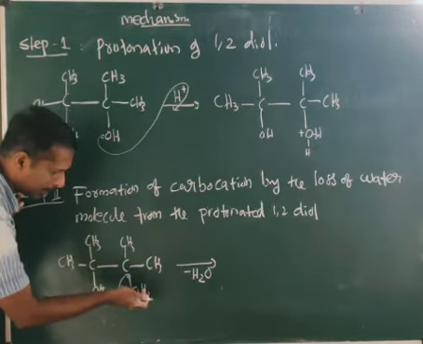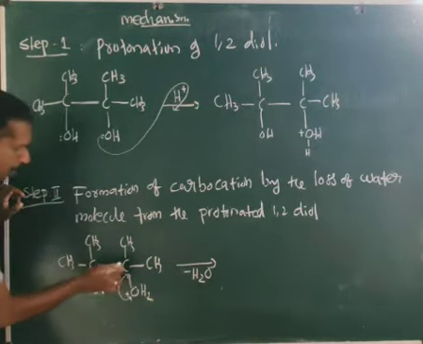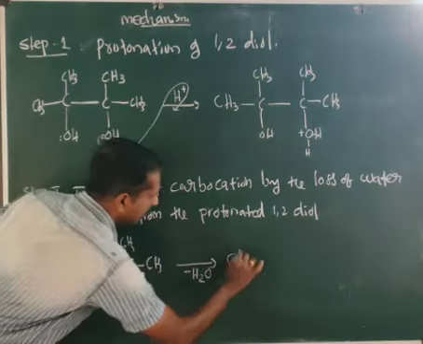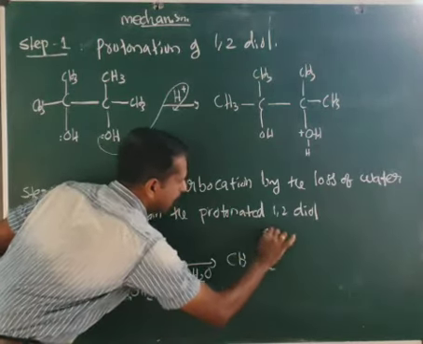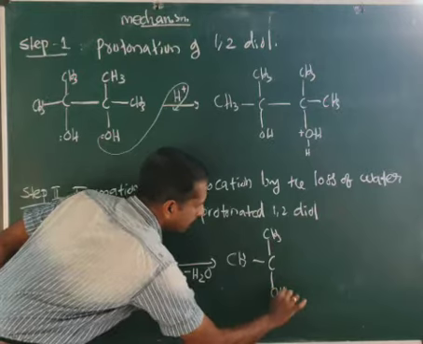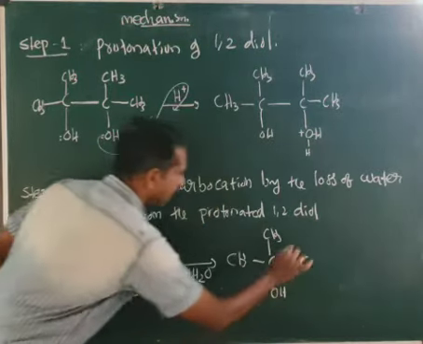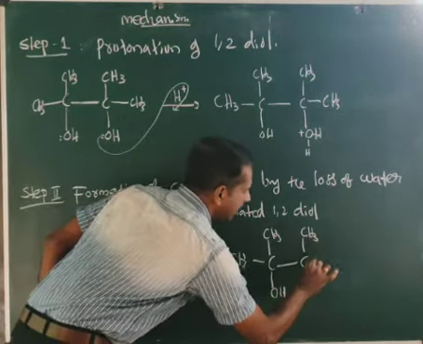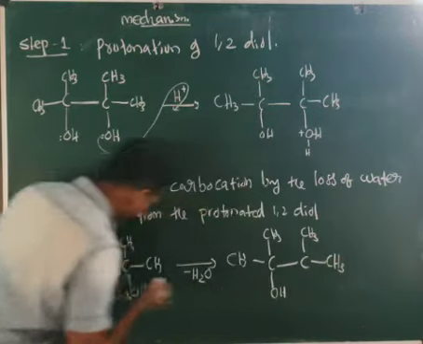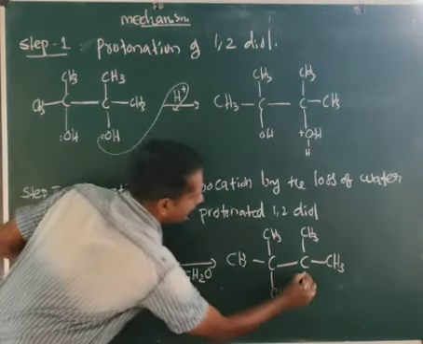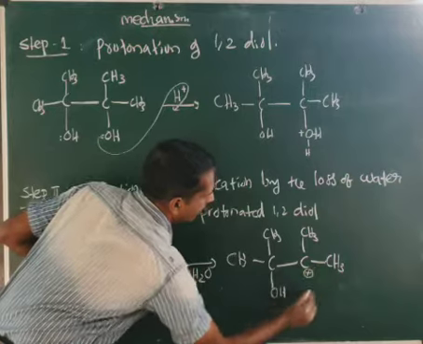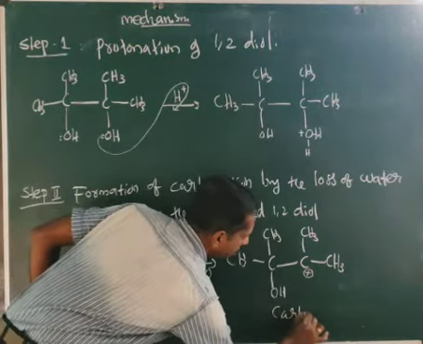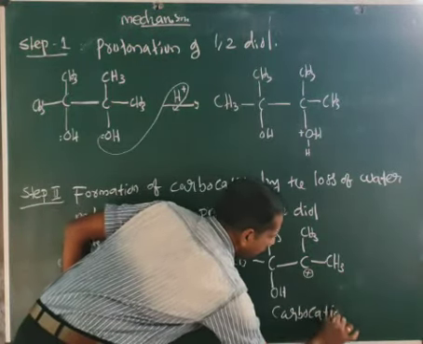What will be eliminated? H2O is eliminated, and we get CH3, CH3, here it is OH, and here it is C, and here it is CH3, CH3. Since the bond is breaking from carbon, the carbon is getting a positive charge, and this is a carbocation.